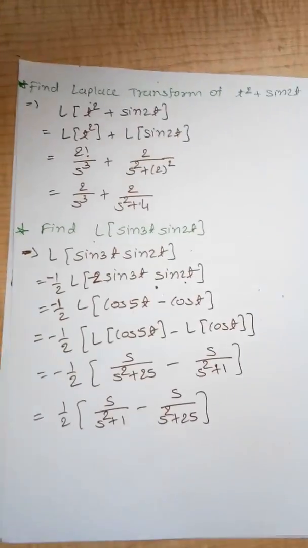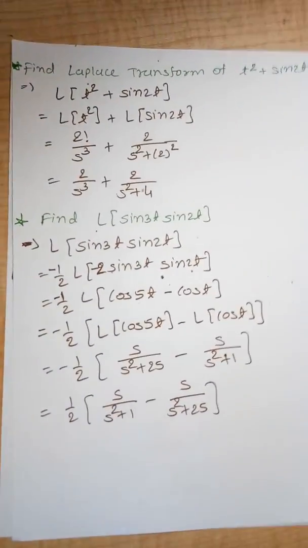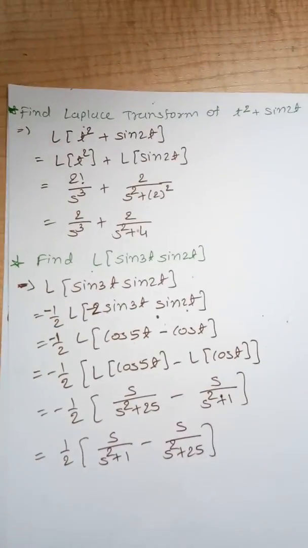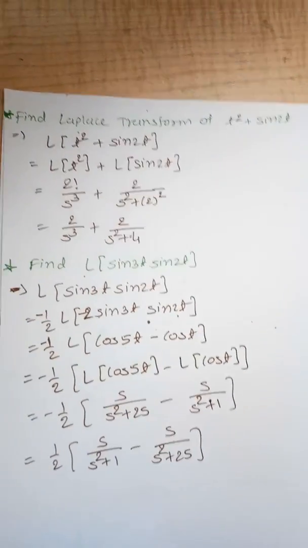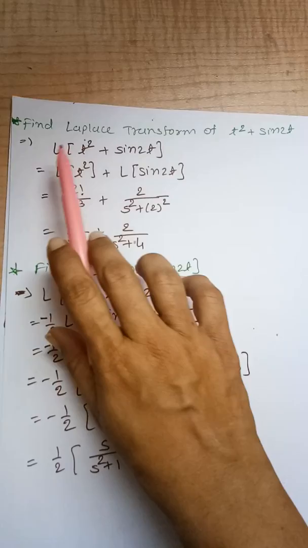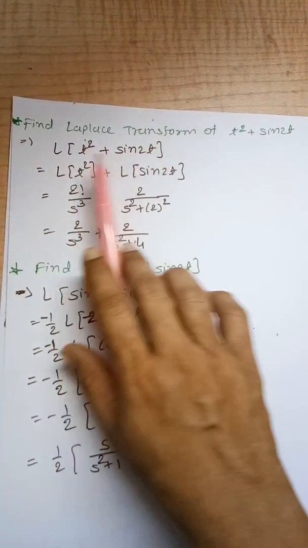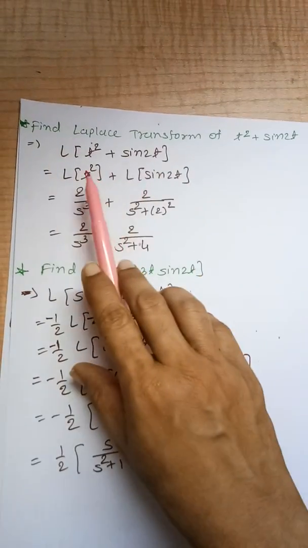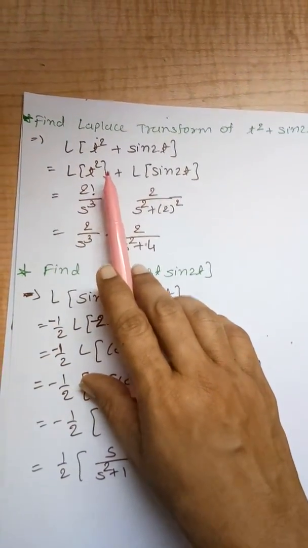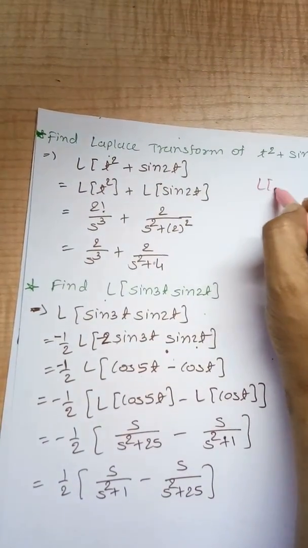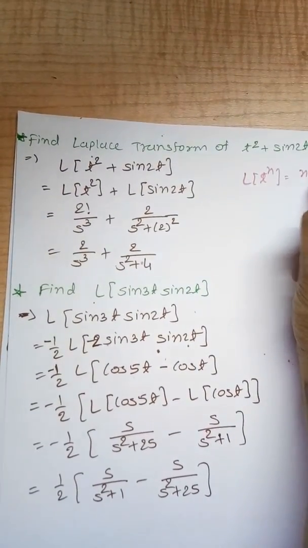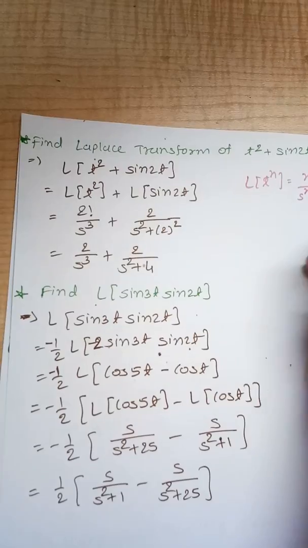Students, let's solve some examples by using the direct formula of the Laplace transform. Find the Laplace transform of t square sine 2t. Apply Laplace of t square and Laplace of sine 2t. Laplace of t raised to n, where n is any positive integer, is n factorial upon s raised to n plus 1.